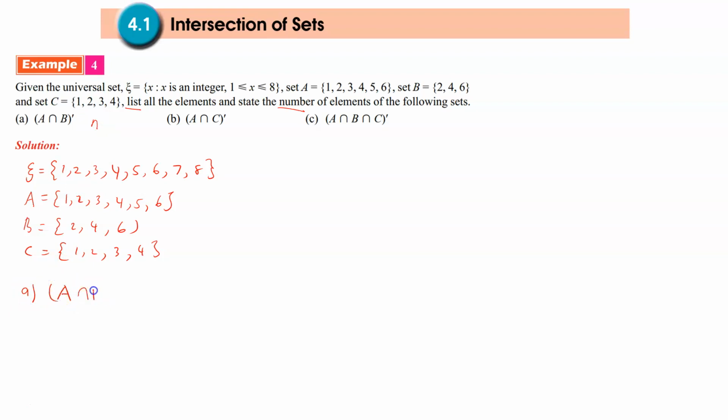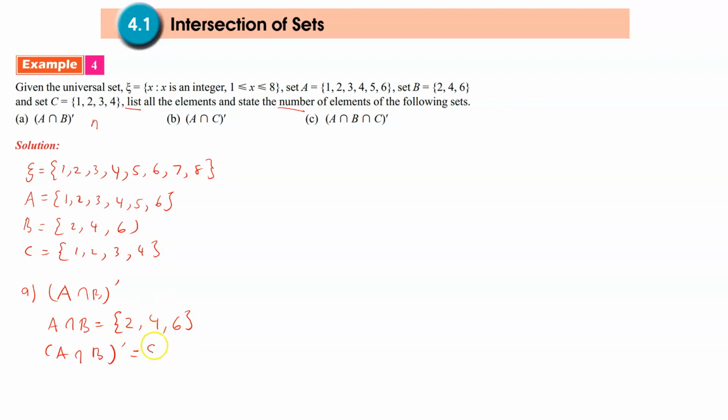A intersect B complement. Apa maksud complement? So, awak kena cari A intersect B dulu. Kalau A intersect B, awak ada siapa? A dengan B, intersection dia ada 2, 4 and 6. Therefore, A intersect B complement from universal set that's not include 2, 4, 6.